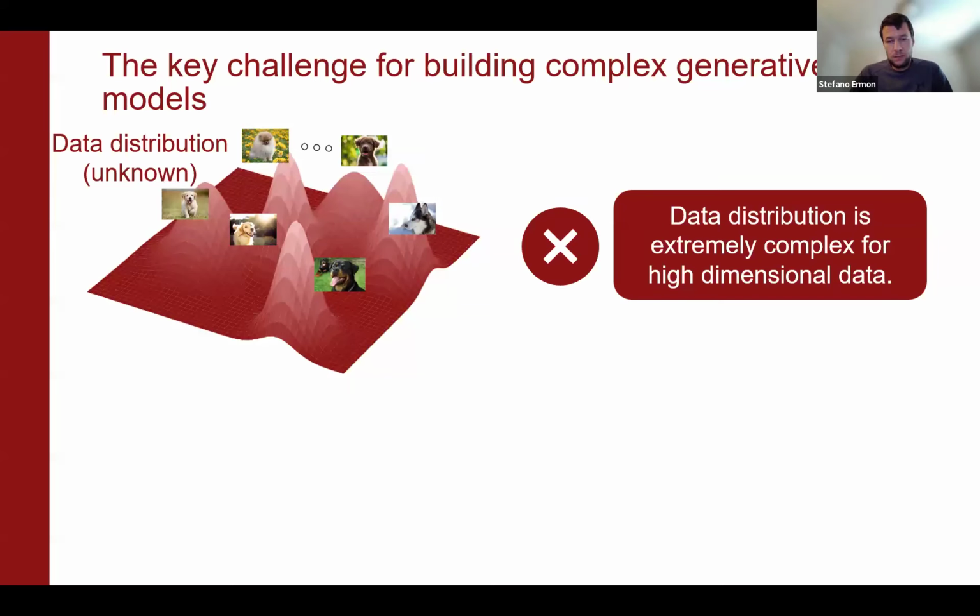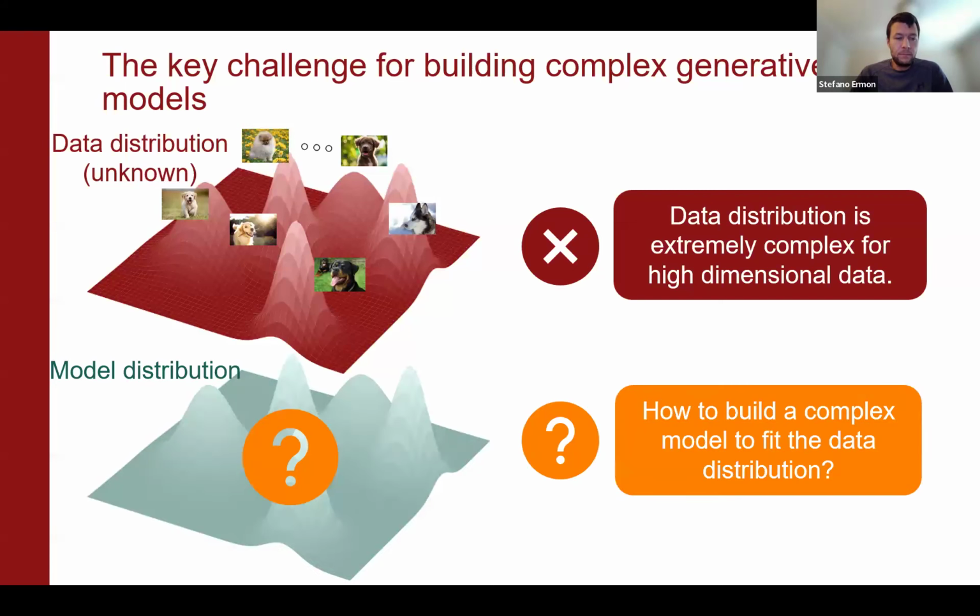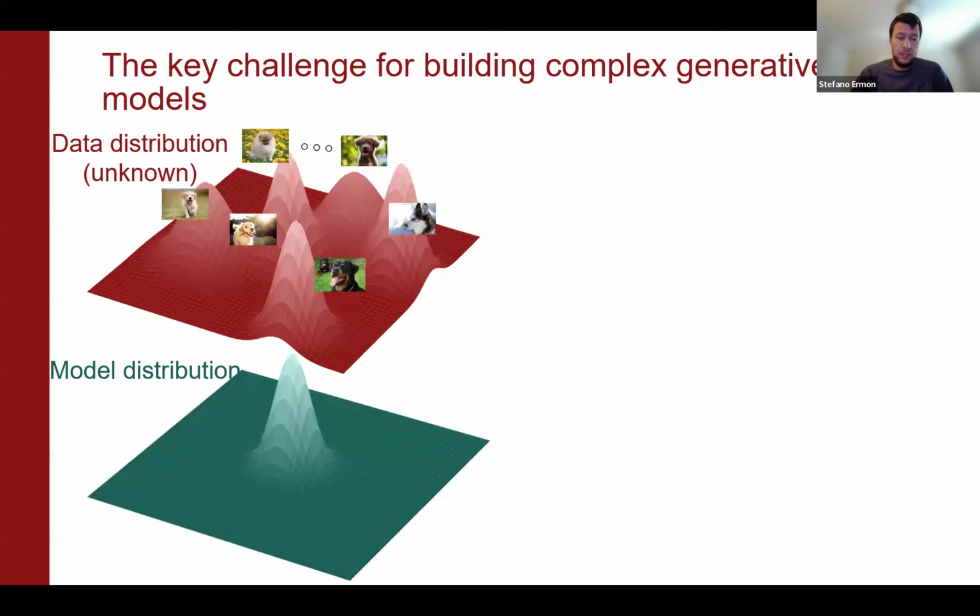So classic curse of dimensionality kind of problem. And so it's tricky to come up with a model distribution that is sufficiently flexible to describe the complexities of the original data distribution. Of course, it's easy to come up with simple model distributions, like we've been building generative models or statistical models for a very long time.